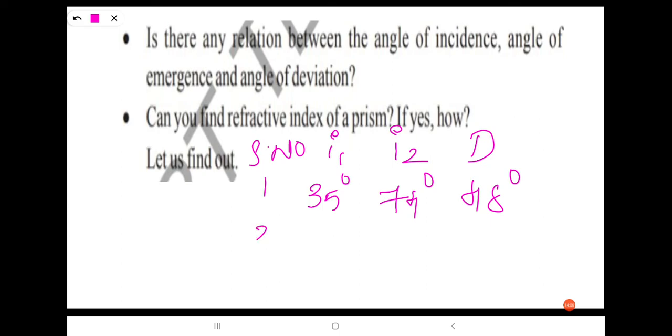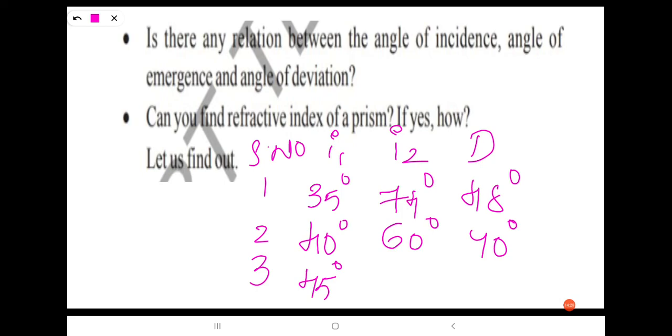If the angle of incidence is 40 degrees, the angle of emergence is 60 degrees and deviation is 40 degrees. When the angle of incidence is 45 degrees, the angle of emergence is 53 degrees and the angle of deviation is 38 degrees.